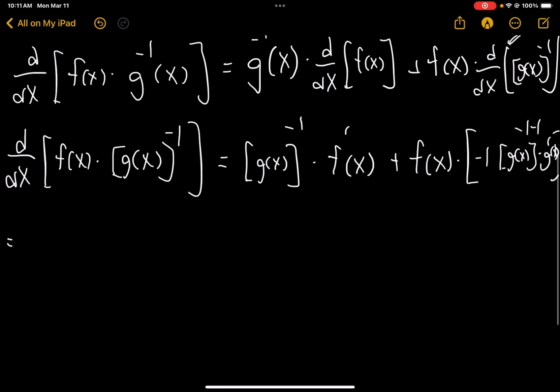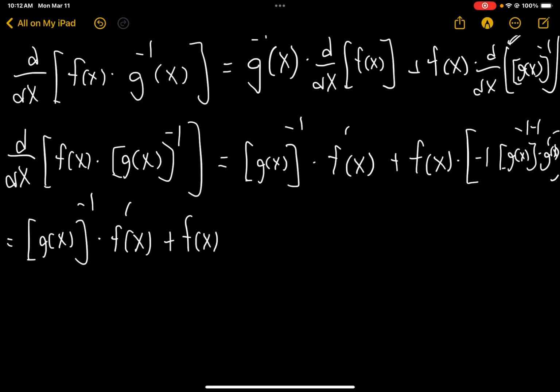So this is equal to g of x to the negative 1 times f prime of x plus f of x times negative 1 g of x to the negative 2 power times g prime of x.